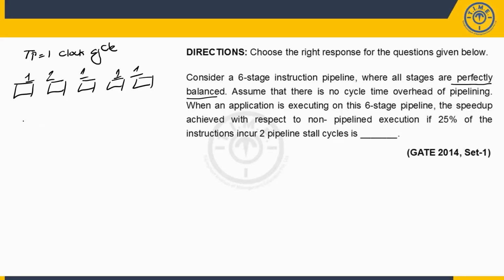Okay. Now, T average with the stall cycles is equal to 1 plus R into S into TP. 1 plus rate of instructions is equal to 0.25. Stall cycles is equal to 2.